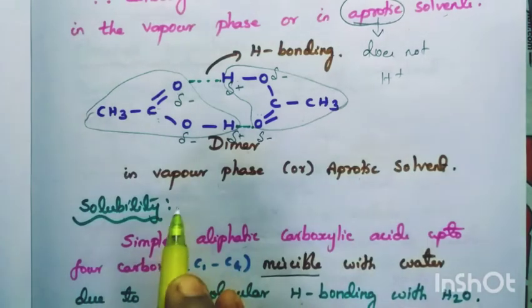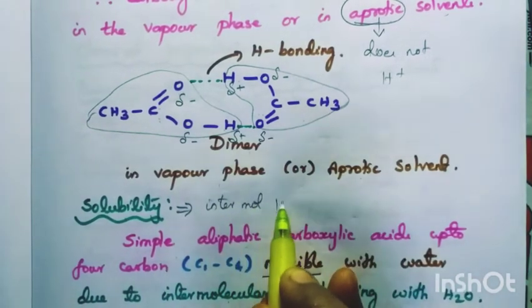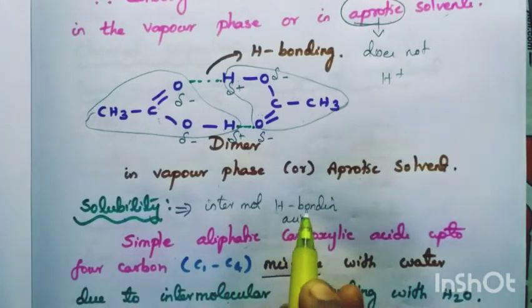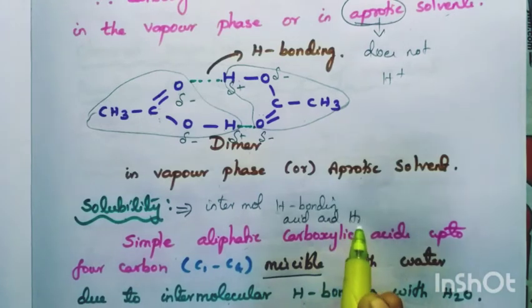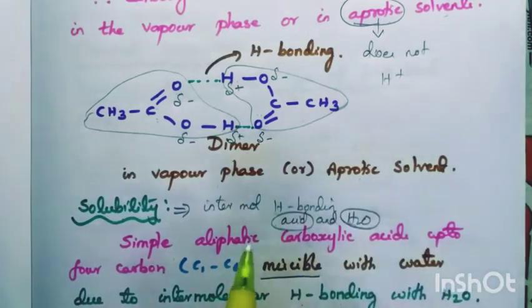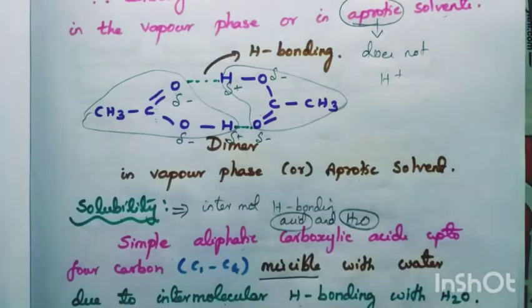In boiling point the hydrogen bonding was between the acids; here, in solubility, it is between acid and water.